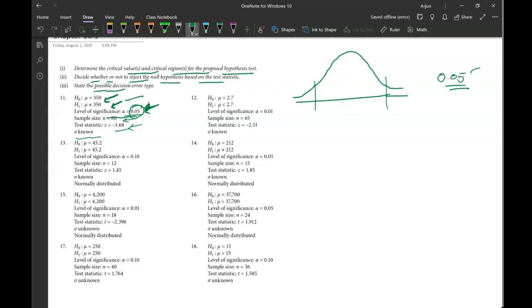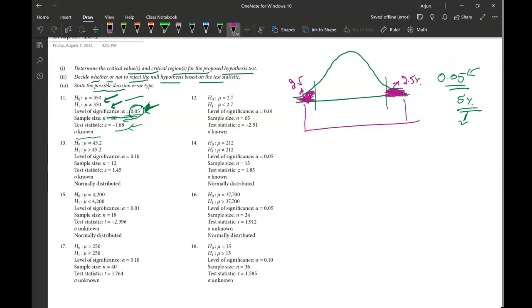Or if the proportion creates a problem for you, you can convert it into a percentage also. This 5% I'm going to divide over two sections, half in this region and half in this region. So this is 2.5% of the region, and this is another 2.5% of the region. This is also called the critical region, and this again is also a critical region.